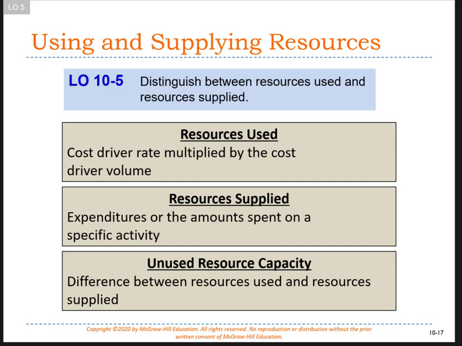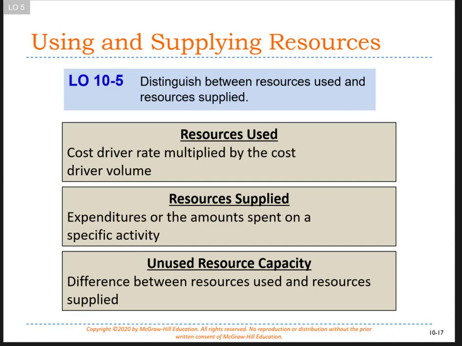When something is there and we're paying for it and it's not doing anything, that's kind of a big issue. All right? So when we do everything on a per unit basis, especially fixed costs, it may look as if those fixed costs are going to change based on volume, but they don't, right?